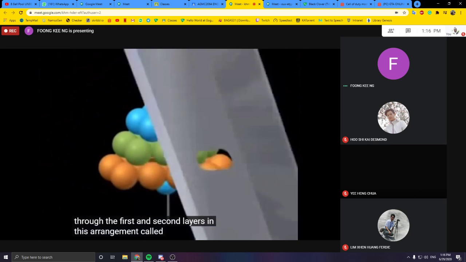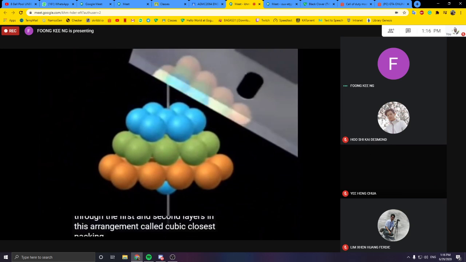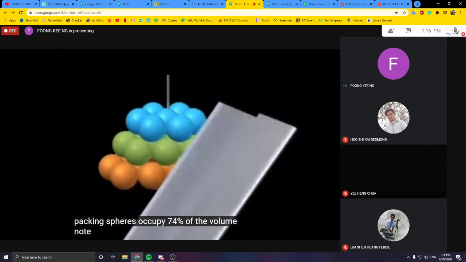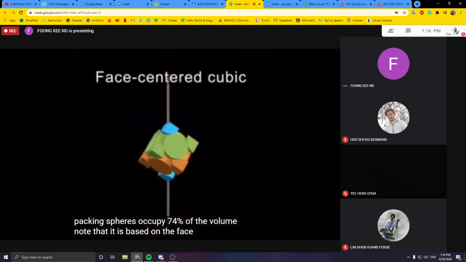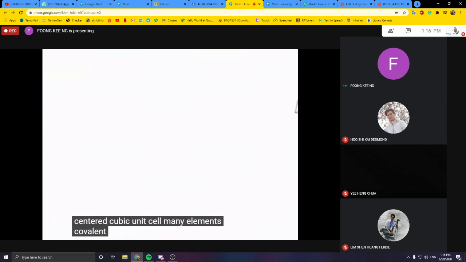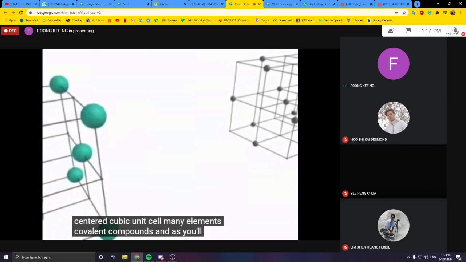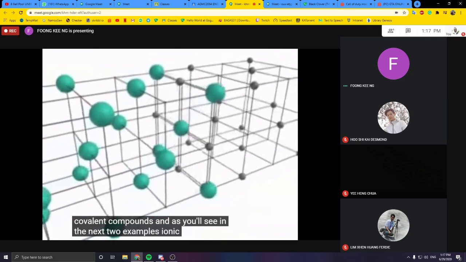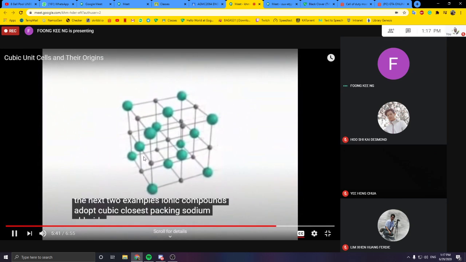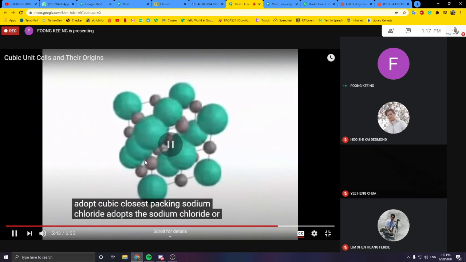In this arrangement, called cubic closest packing, spheres occupy 74% of the volume. Note that it is based on the face-centered cubic unit cell. Many elements, covalent compounds, and, as you'll see in the next 2 examples, ionic compounds adopt cubic closest packing. Sodium chloride adopts the sodium chloride.